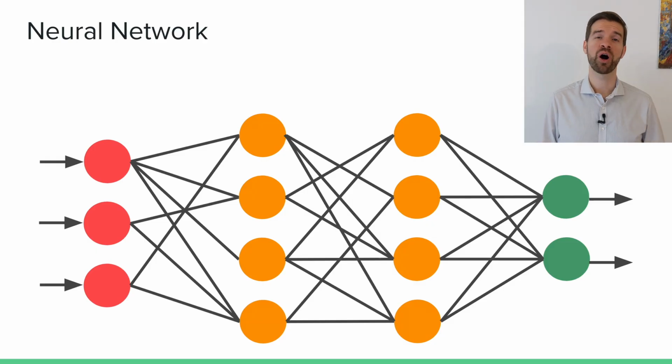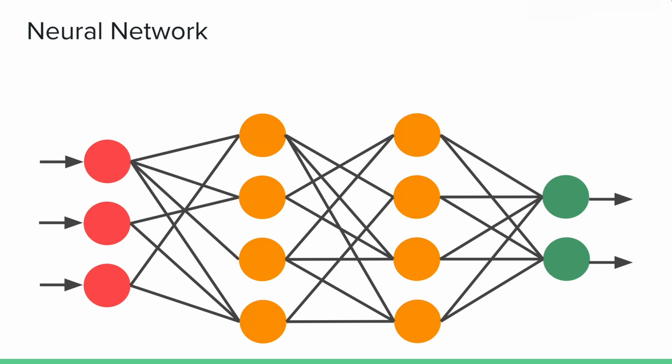A single neuron on its own is not really helpful. You cannot do much with it. However, when you take multiple neurons and connect them to each other, this is where the whole power of neural networks arises. And we speak of a neural network once we have this arrangement of neurons that are connected to each other.